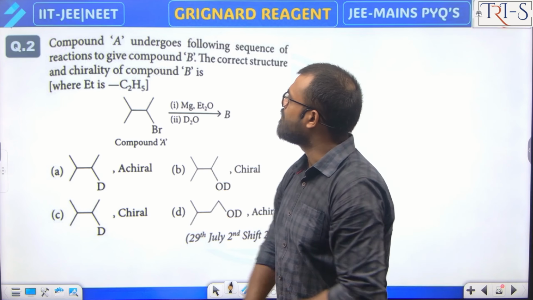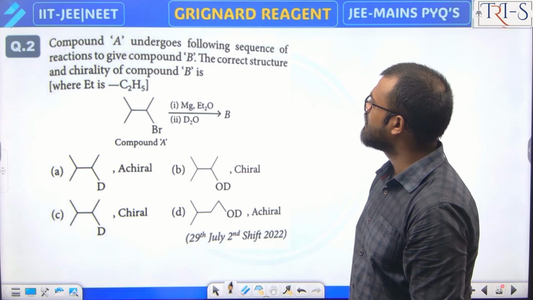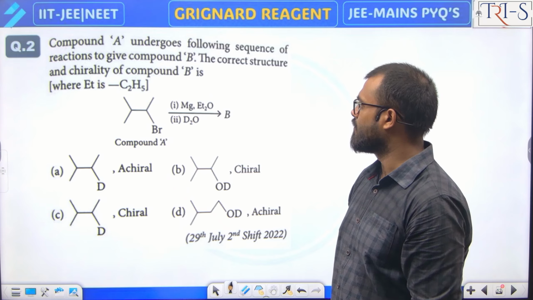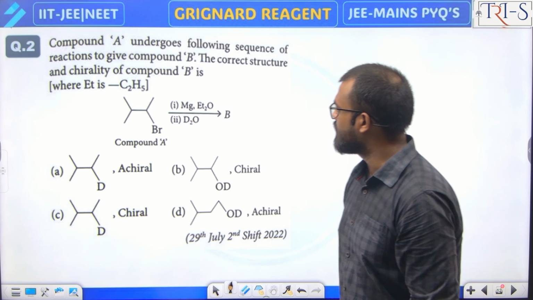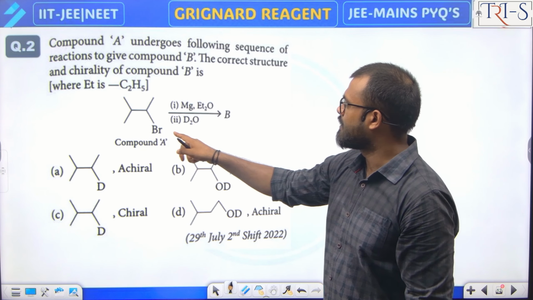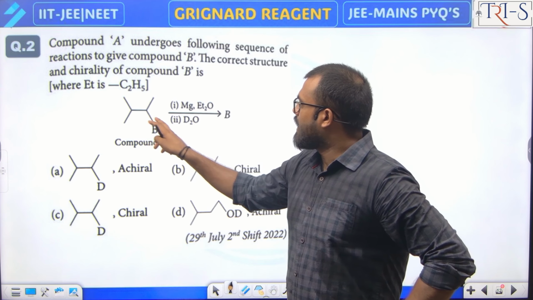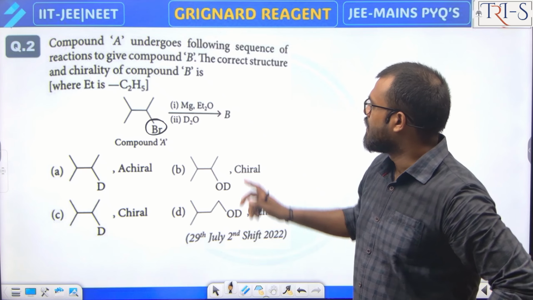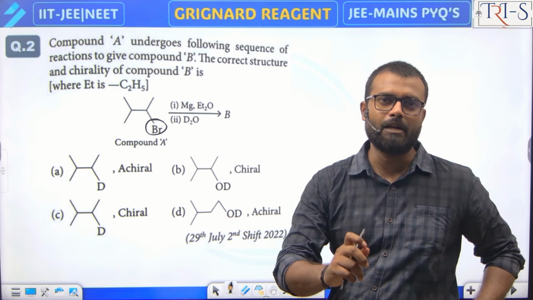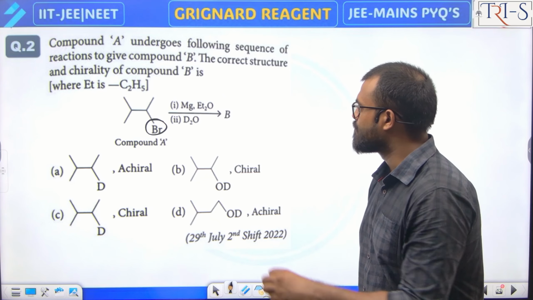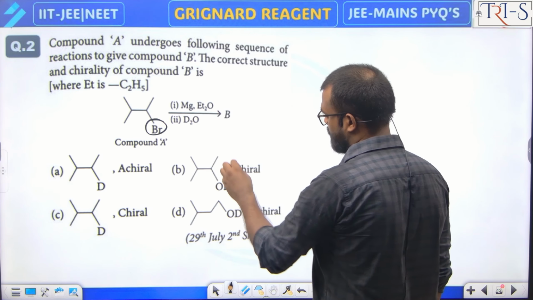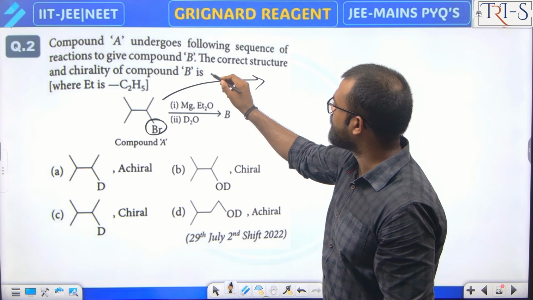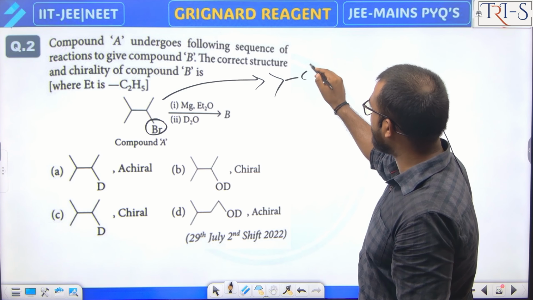Now next, compound A undergoes following sequence of reactions to give compound B. The correct structure and chirality of compound B is, where Et is C2H5, MgEt. Any alkyl bromide, any alkyl chloride, any alkyl iodide, if on reaction with magnesium in presence of dry ether, will give Grignard reagent.